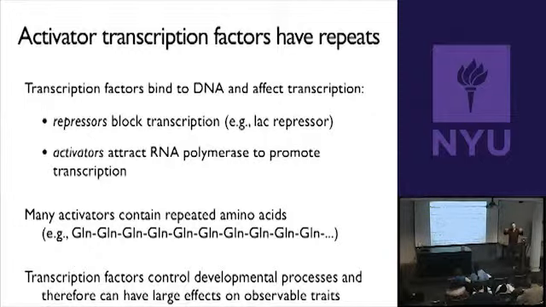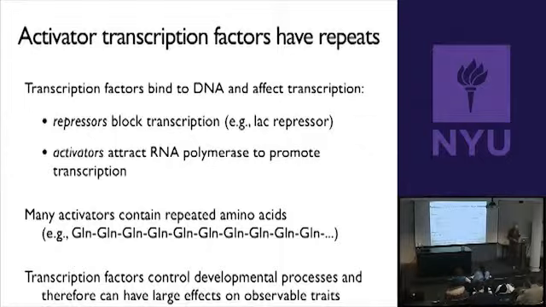Embryos need different genes as they're developing than adults do. So these transcription factors control these developmental processes, and if a transcription factor doesn't do its job properly, you can have a large effect on an observable trait, and you'll see some examples right now.